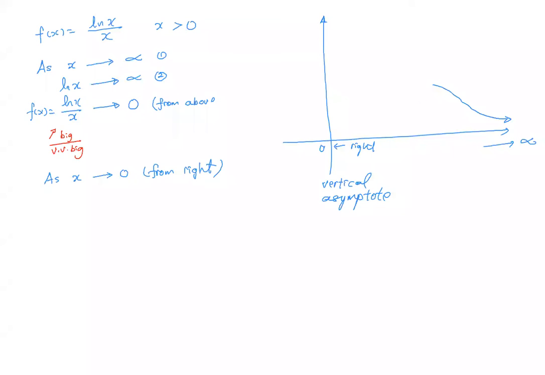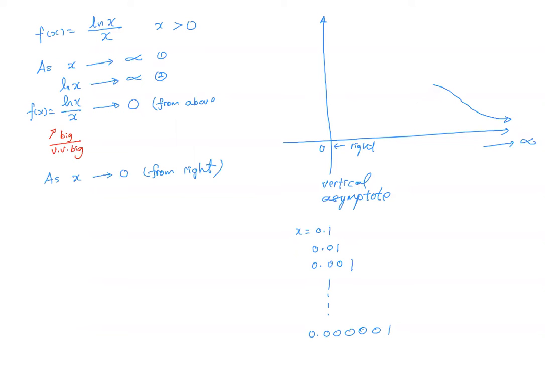So that means my x changes from 0.1, then changes to 0.01, changes to 0.001, then keeps going until it almost reaches zero. So that is the meaning of approach zero from the right. You get me? Okay, so x approaches zero from the right.